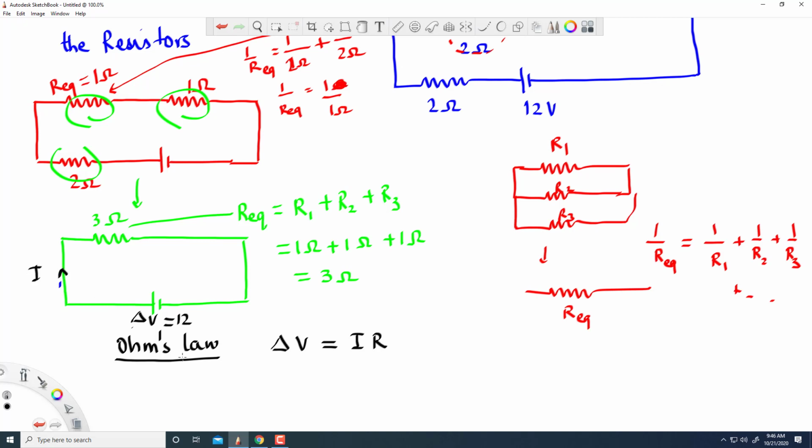I is given by delta V over R, just rearranging the things. Delta V is 12, R is 3 ohms, that gives us 4 amperes. 12 over 3 is 4. So, the current flowing through this is 4 amperes. It is the same everywhere because it is just a simple circuit.